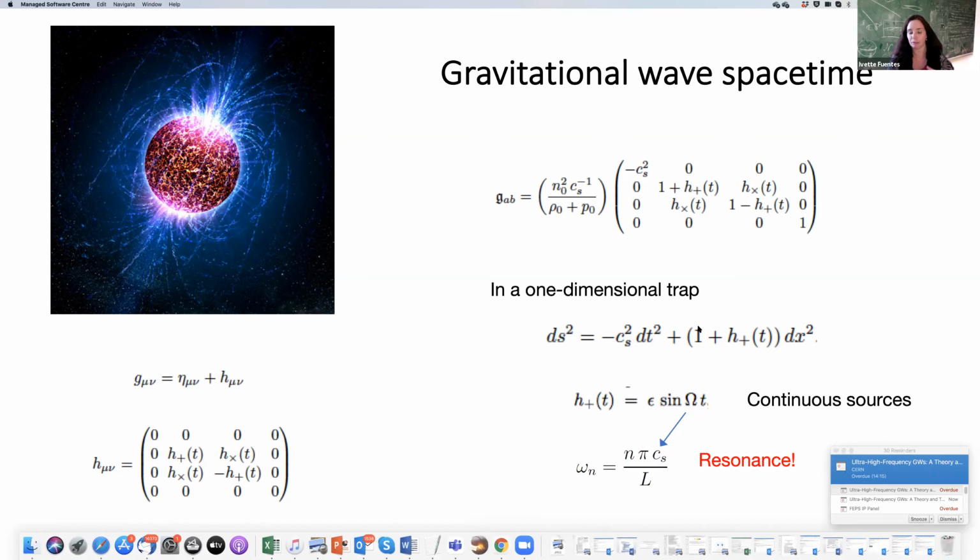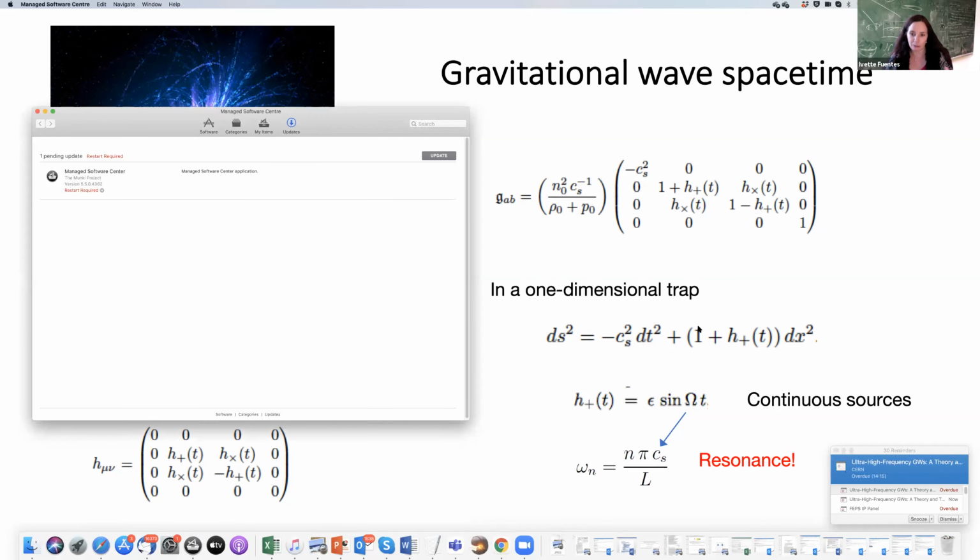But it all comes from solving the Klein-Gordon equation in the metric of the gravitational wave using Bogoliubov transformations, to relate initial and final conditions.